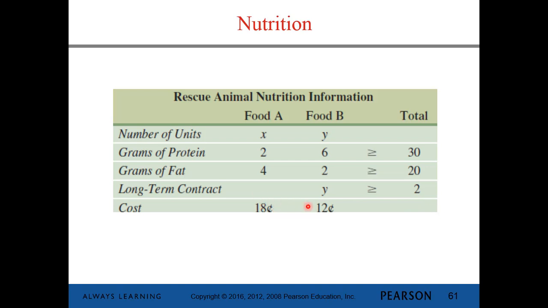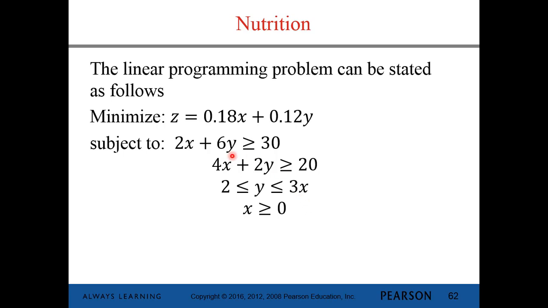But there's also the fact that the amount of units of food B can't be more than 3 times the amount of food A. Okay, and so this is where we get this constraint right here. So Y has to be bigger than or equal to 2, but it cannot be more than 3x, which is 3 times the amount of food A.